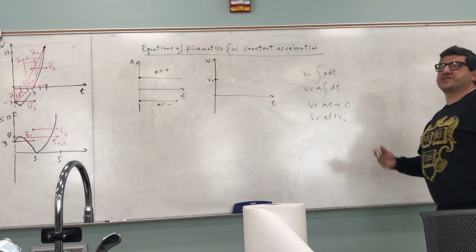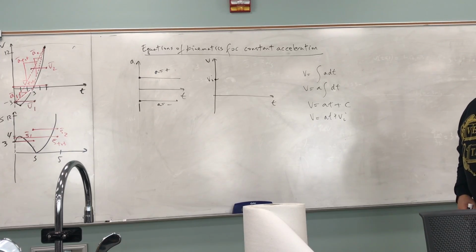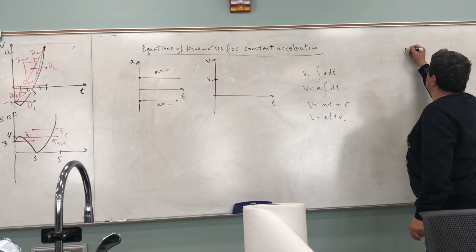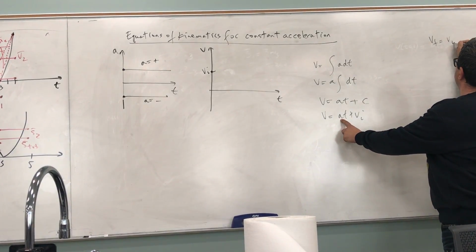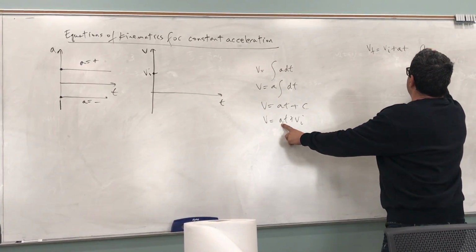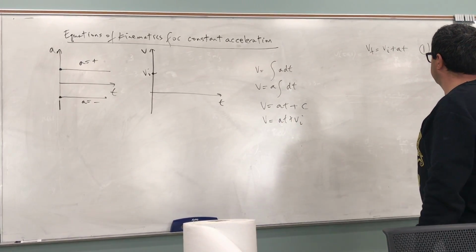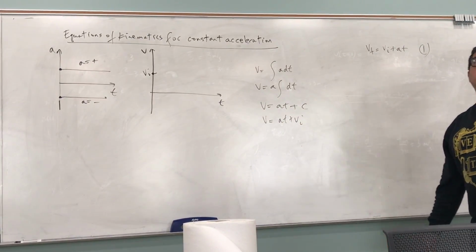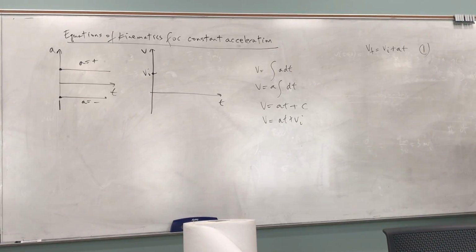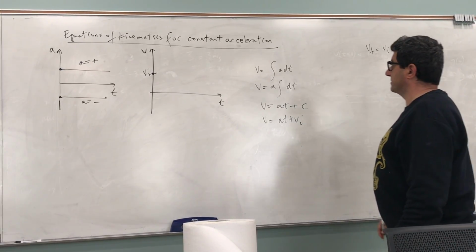So that gives us the first equation of objects with constant acceleration: v final is equal to v initial plus at. That's known as the first equation of kinematics, for constant acceleration situations, right?